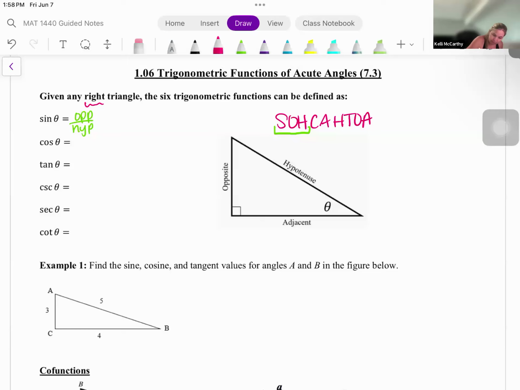Cosine is adjacent over hypotenuse. And tangent is opposite over adjacent.